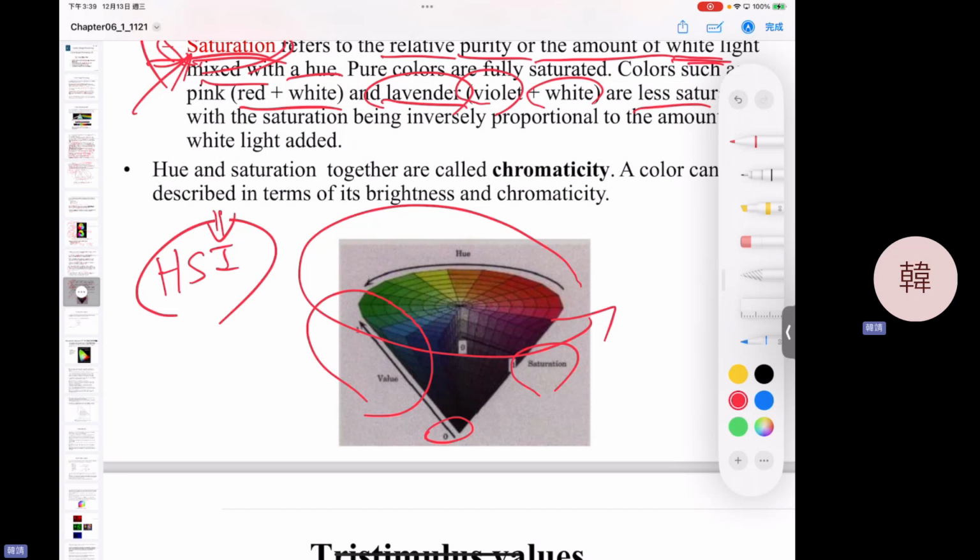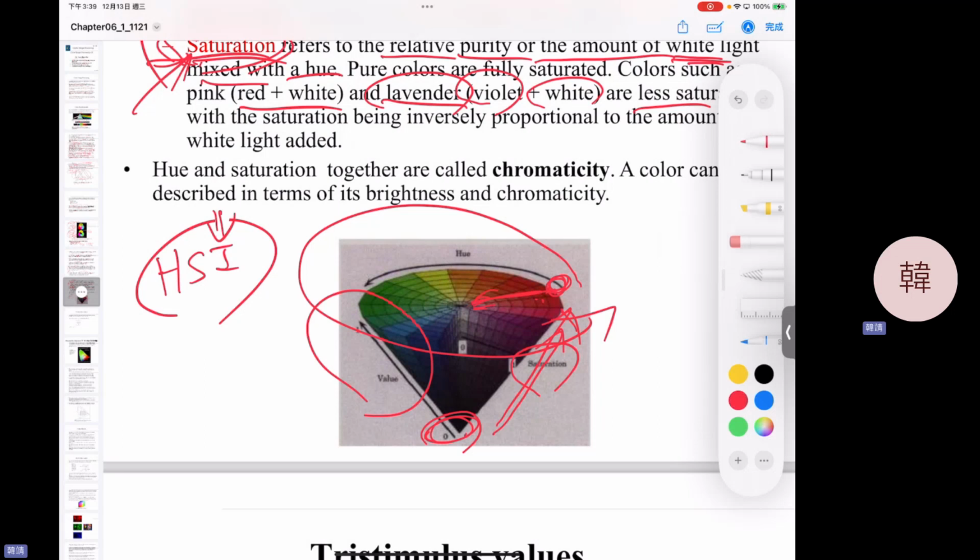So we can see if you don't have white light, it becomes dark. If you have a lighter one, your brightness and intensity are higher. You have a full saturation color here, and you add white color here, so that changes the saturation. The middle one will become white.